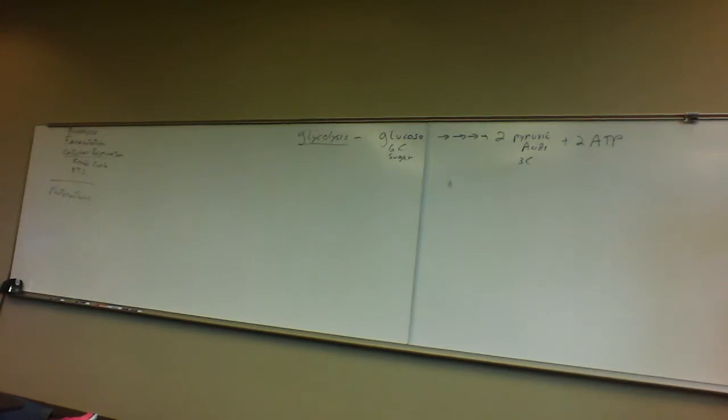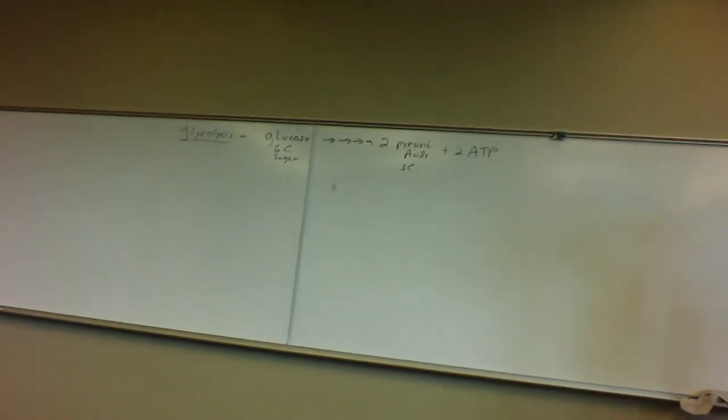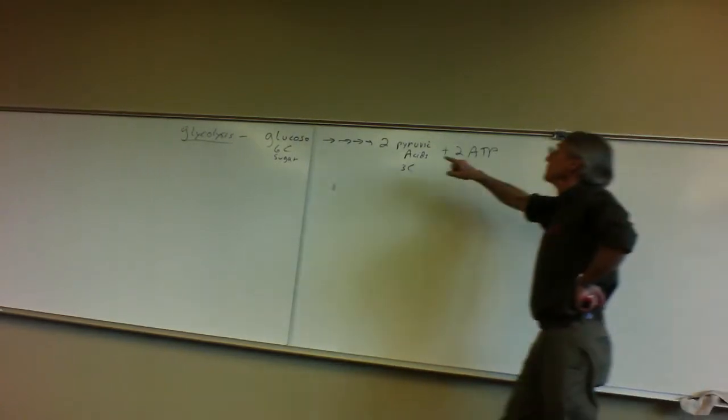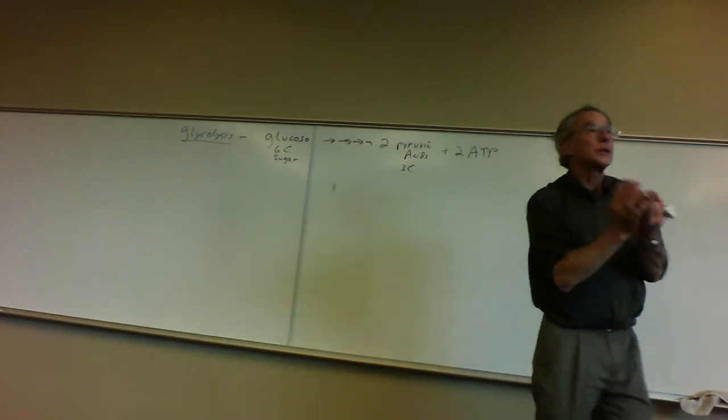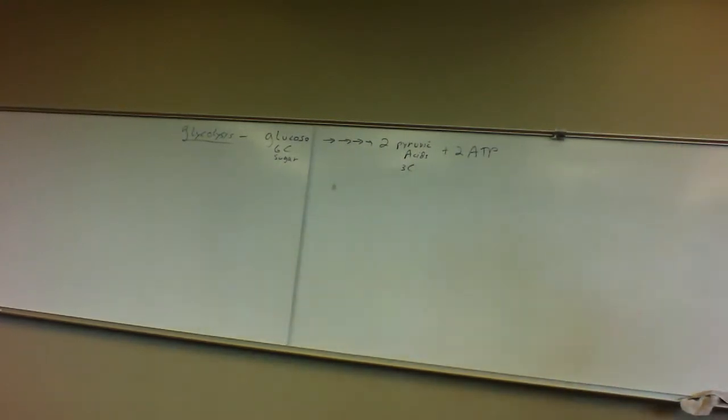So the whole idea of glycolysis, fermentation and cellular respiration is to make ATP so the cell can have the energy to do whatever it needs to do. By the way, 2 ATP is not very many for one sugar molecule, because the sugar molecule has a lot of stored energy in its chemical bonds.